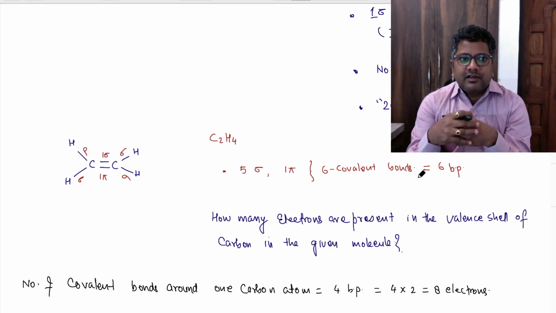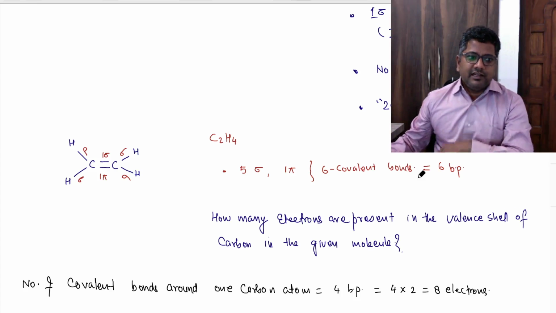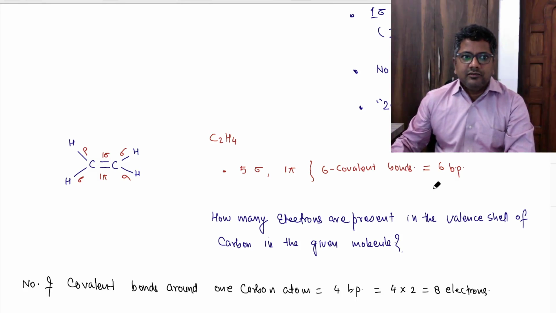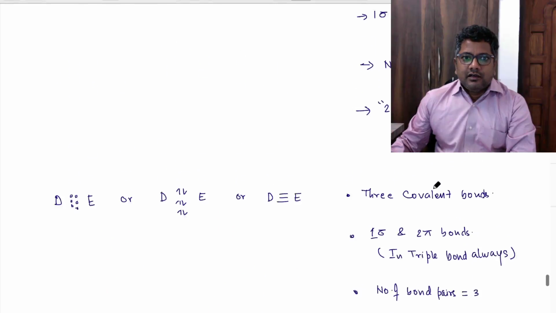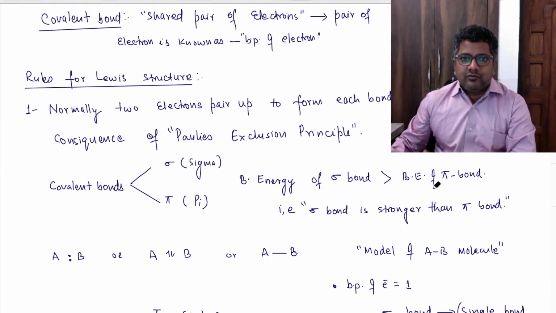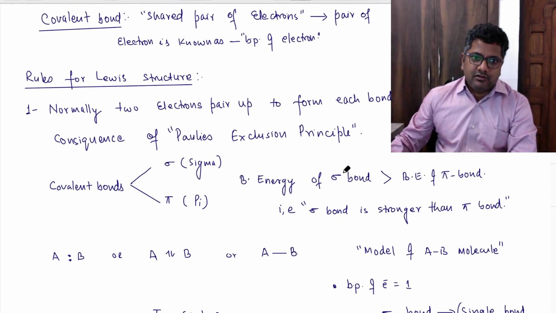So the number of covalent bonds multiplied by 2 gives you the number of electrons in the valence shell, right? Okay, so the first point, hopefully it is clear to all of you: how to sketch the Lewis structure and what is the meaning of a covalent bond, right?